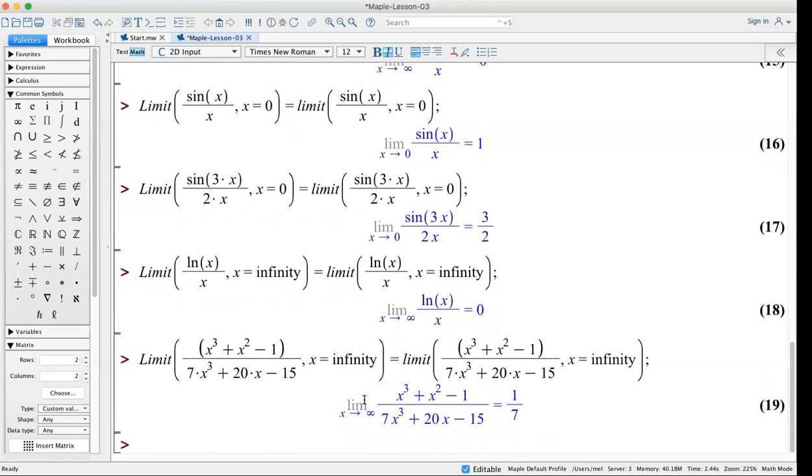Huh. So the limit of this rational function is 1/7.